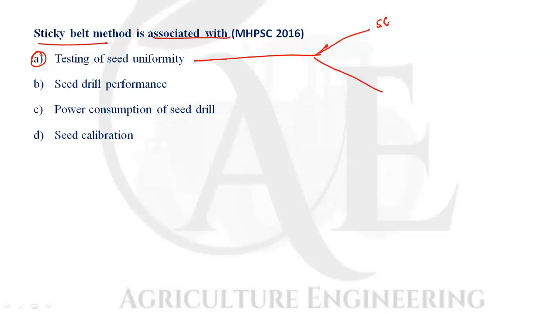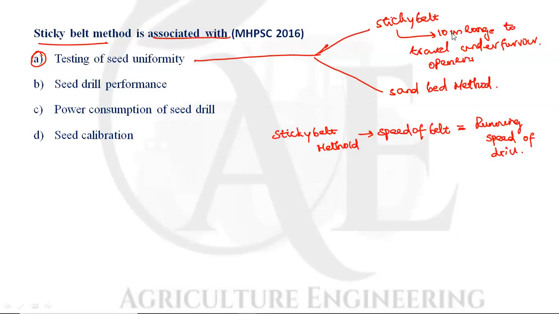One is the sticky belt method, and another one is the sand bed method. In sticky belt method, a 10-meter long belt travels under the furrow openers, where the speed of the belt is equal to the running speed of the drill. By this method we can easily test the uniformity of seeding.